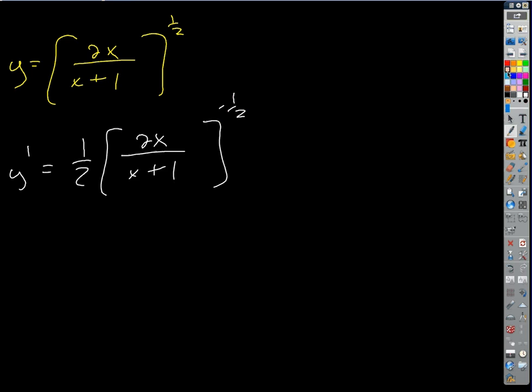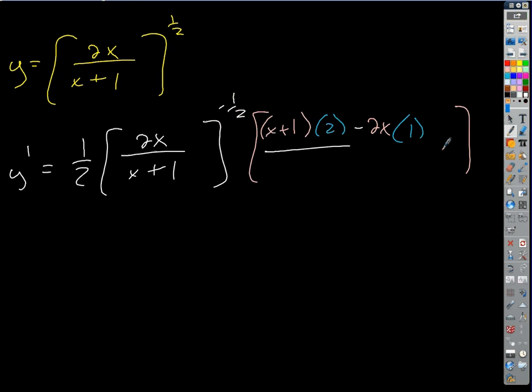Okay, so we're going to need some big brackets for the quotient rule. What's the quotient rule going to give us? x plus 1 times 2, minus 2x times 1, divided by x plus 1 squared.